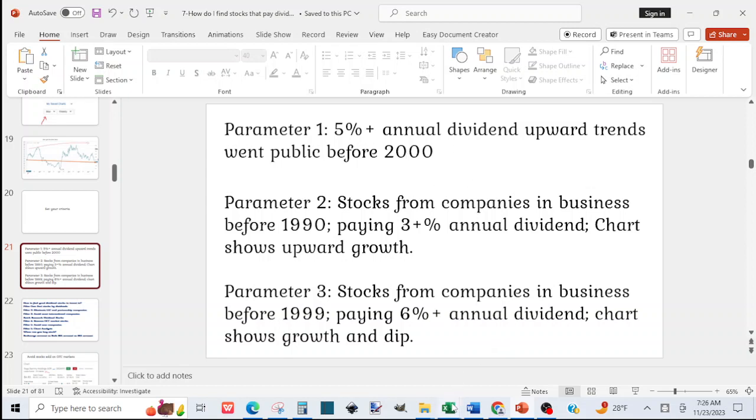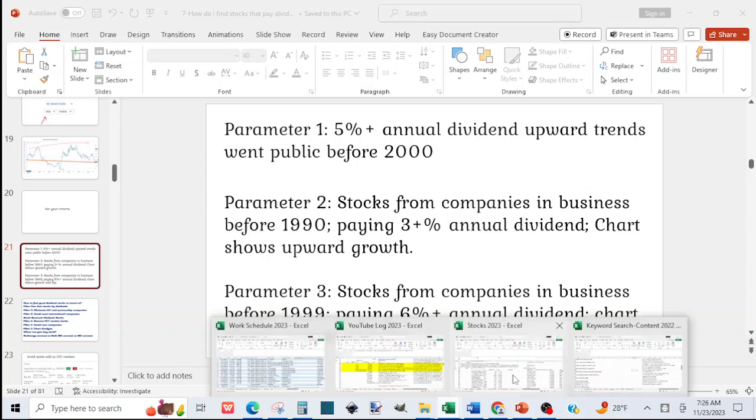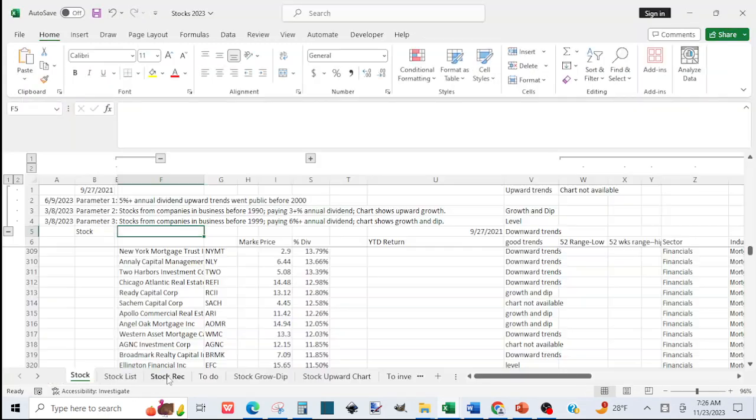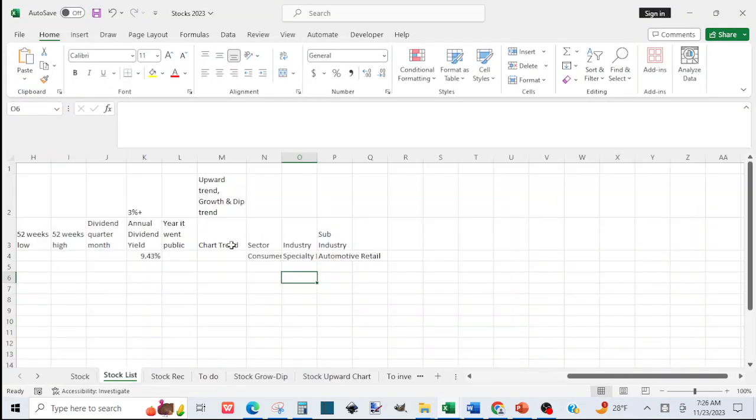So you can even put on your spreadsheet the year it went public, and you set yours. Mine is 2000.